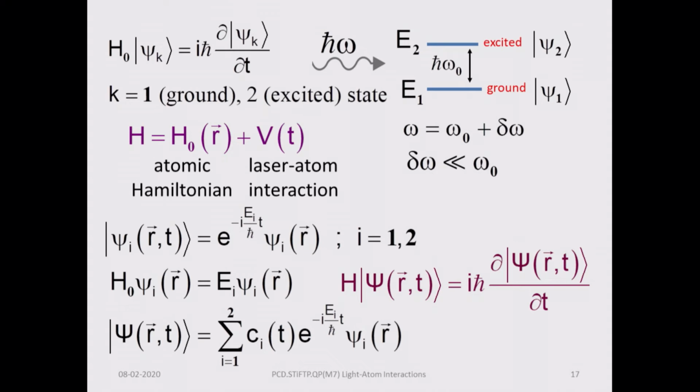It will have time dependence which is coming from the dynamic phase of the independent states, but also the coefficients will be time dependent because the interaction is time dependent. So, the time dependence is factored into these two terms. One is the stationary state dynamic phase, and the other is the time dependence of the coefficient itself.